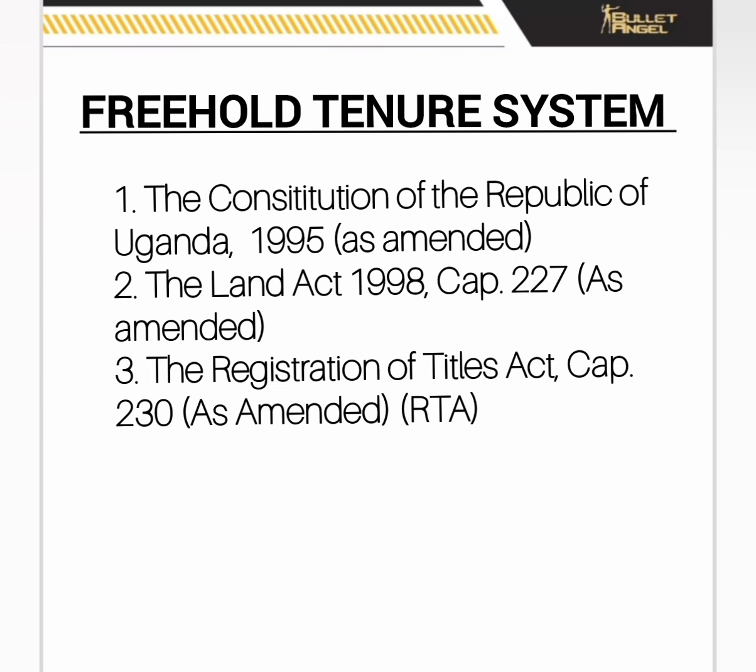Therefore, you have powers to give it away, sell it, mortgage it, lease it, or subdivide it the way you want, as long as you do that in adherence with the laws governing land in Uganda.